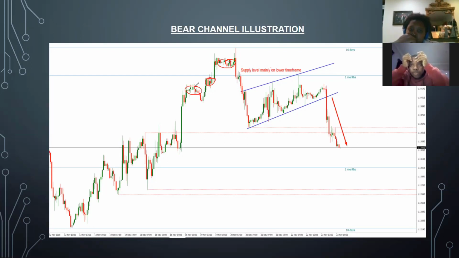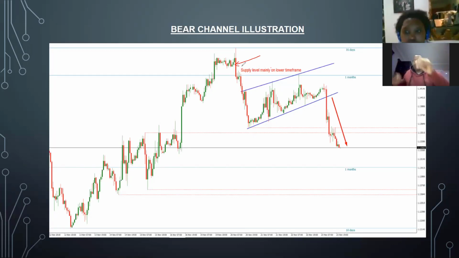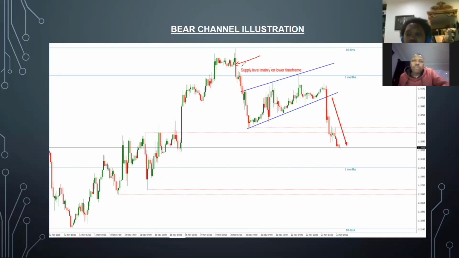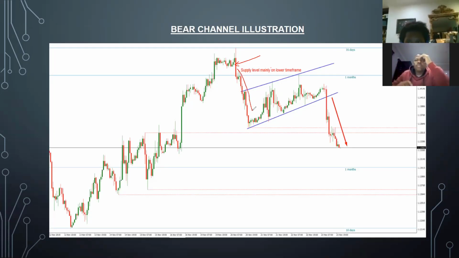There's no momentum. They are like stagnant, they're not moving. And then all of a sudden, one candle takes them all out of the market, and then price rallied to the downside.